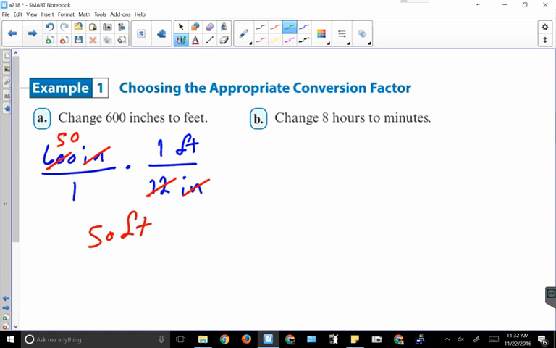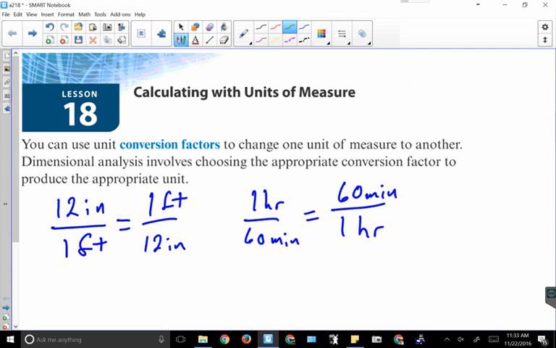8 hours to minutes. Okay. Now, mind you, I didn't even bother worrying about it; my conversion brought it there for me right away. So if I've got 8 hours, put that over 1. Okay? Hours goes down here. Do I have something that changes hours into minutes? Well, back here.